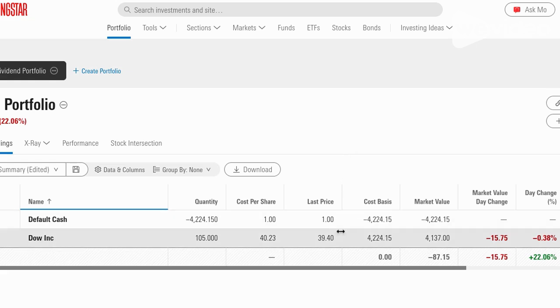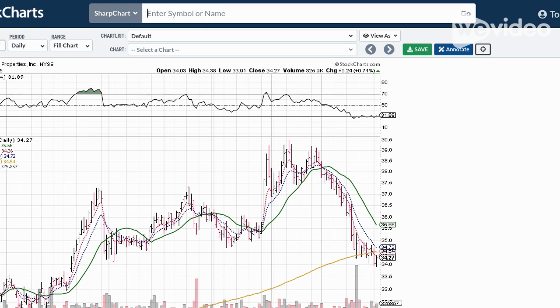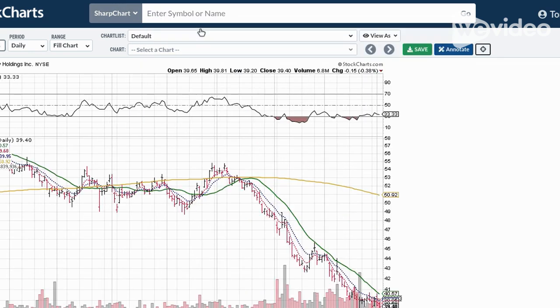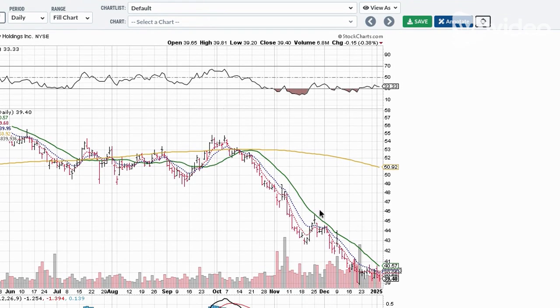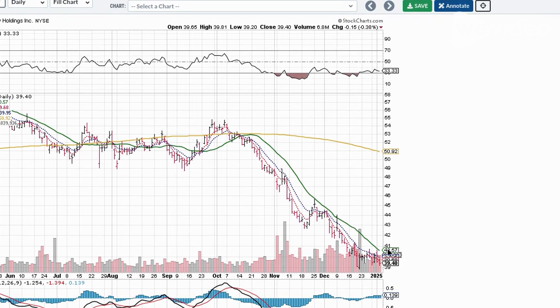So one of those companies, like I said, is Dow. If you look at a chart of Dow, and Dow is a chemicals company, the largest chemicals company in the world, if I'm remembering correctly, you can see here it's way below its 200-day moving average, and if it's not the bottom, it is one of the bottoms.